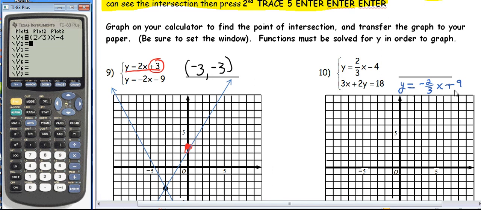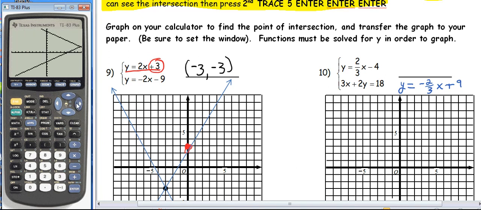So I've already solved for y on number 10 for you. So we're going to put in -2 divided by 3. We're going to put in our x plus 9.